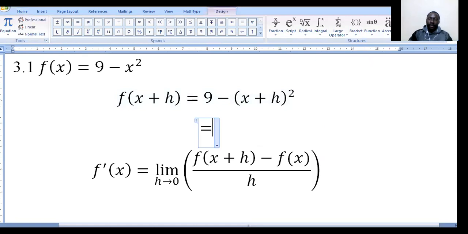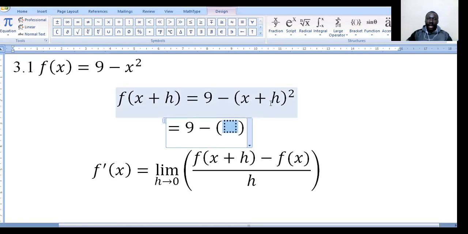So that then means we will be having 9 minus, so when we square what is here, what we get should first be kept inside the bracket, because this minus which is outside the bracket is going to affect everything which will come out from this bracket here. So it's much better in this step, we first continue having the bracket. So now when we square x plus h, that is like x plus h times x plus h.